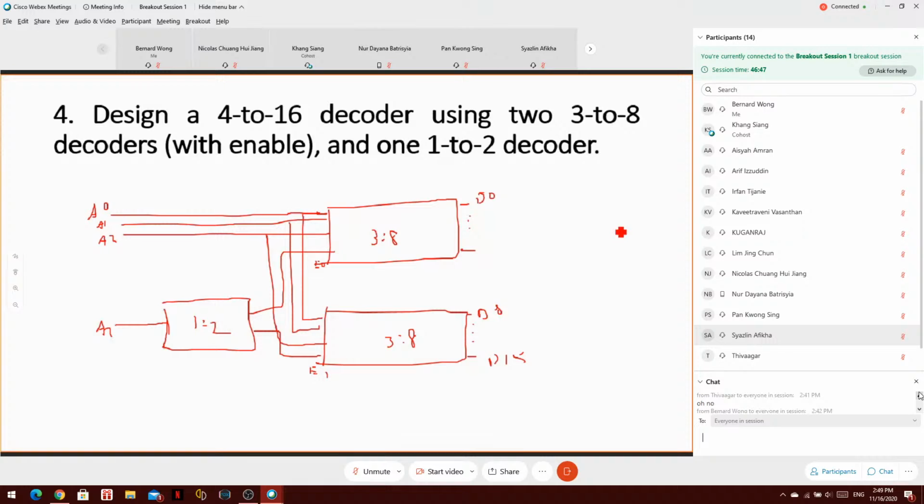It's just an enable line, which has different items for that. I didn't draw it properly, but the overall idea should be like this. Just remember you need the 4 input lines to get 16 output lines, with the enable line.